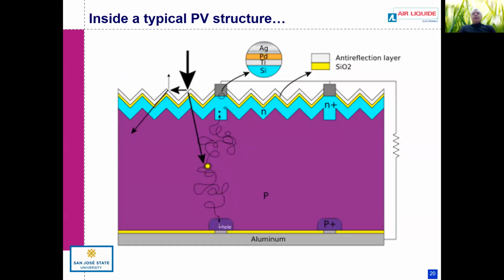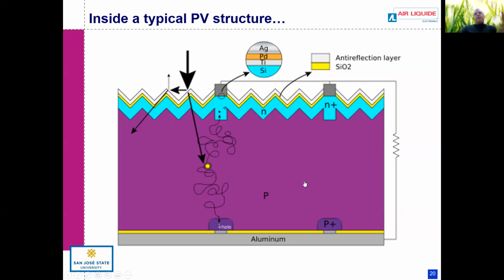So in a typical silicon solar cell, there's a thin N-type layer and then a bulk of P-type silicon. And then when an electron hole pair is created, hopefully they get separated by the field here and then recombined externally.